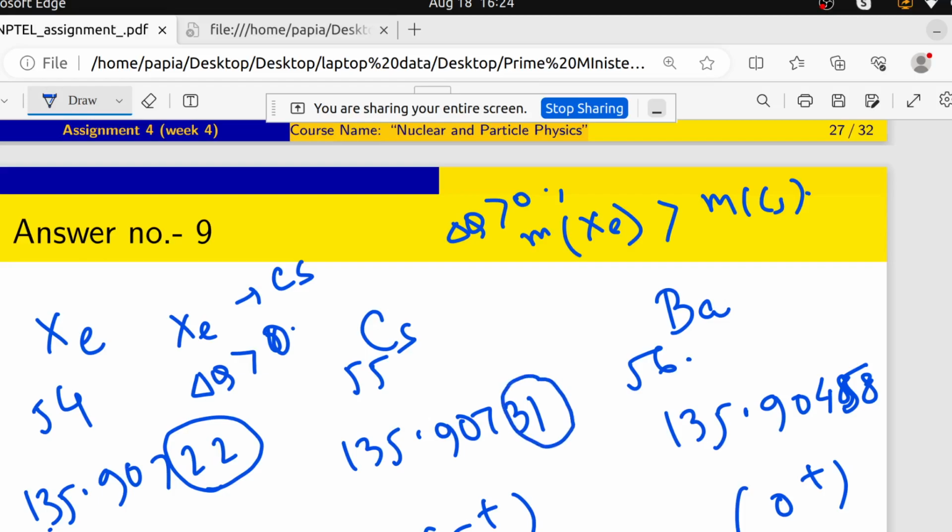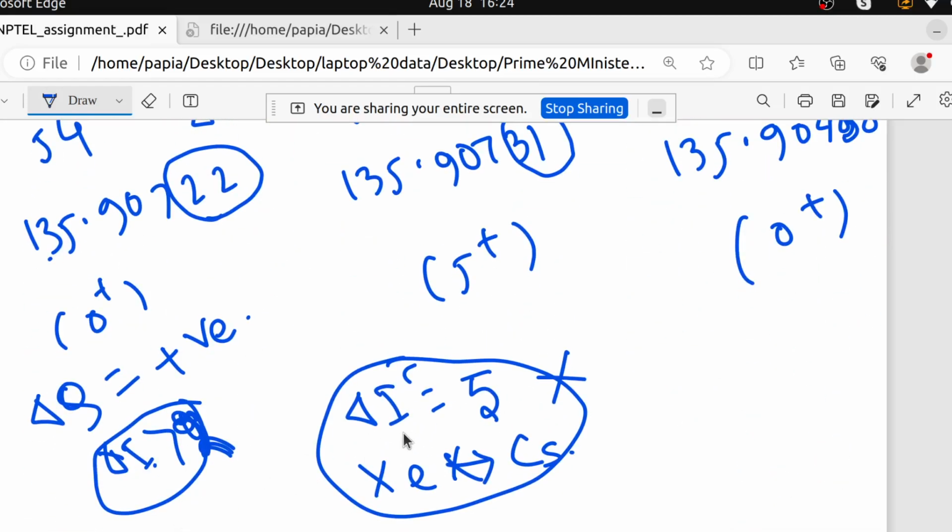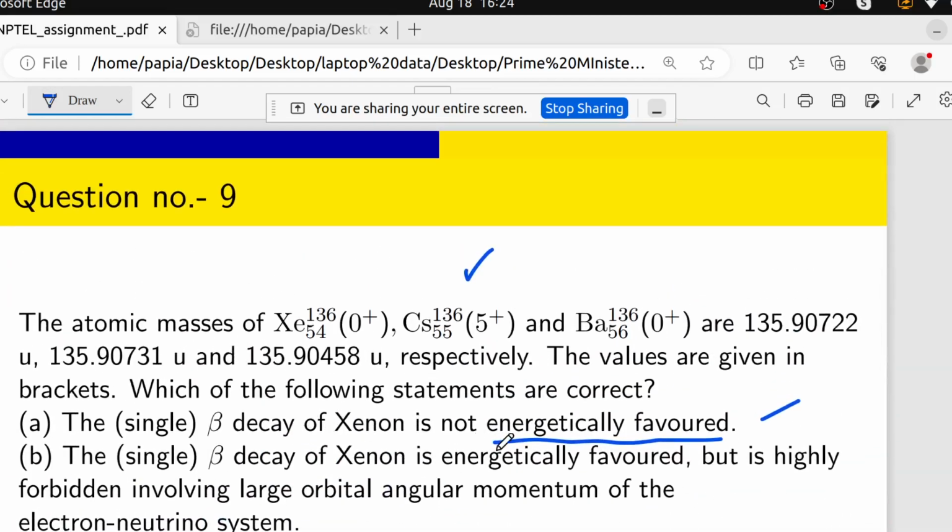That means it is not energetically allowed. So this xenon to cesium beta decay is not energetically allowed, and also it is not allowed by the ΔI expression. Whatever they have mentioned here, the single beta decay of xenon is not energetically favored. That means the statement written in option A is correct. Did you get the point?